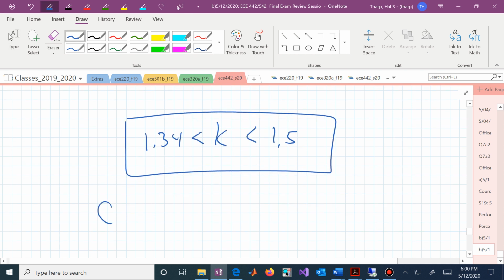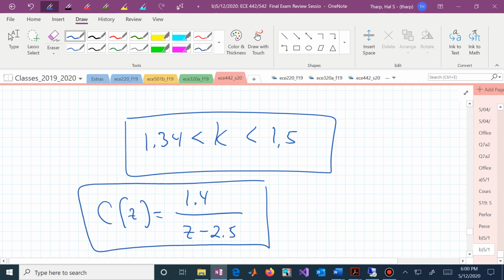And our controller, let's say we now just say, okay, let's just go to 1.4 over z minus 2.5. That would now be a controller that stabilizes that closed loop system. And here's our stability range on our k in this single pole controller.